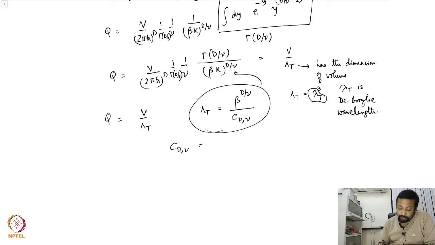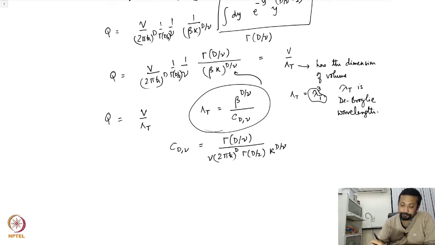This is going to be 1 over 2 pi h bar to the d, gamma d by 2 nu, gamma d over nu, and then there is going to be kappa d over nu.